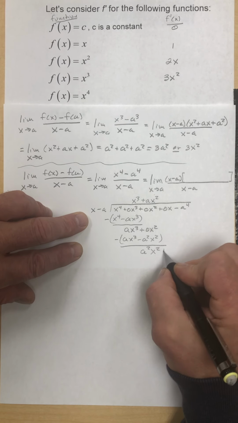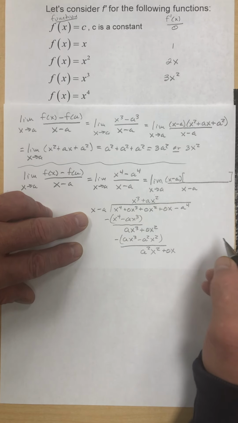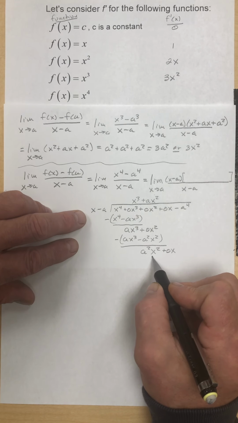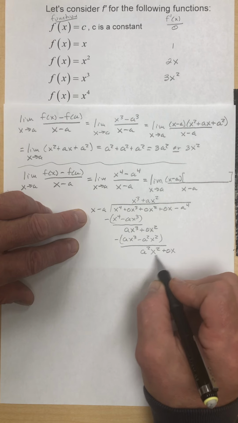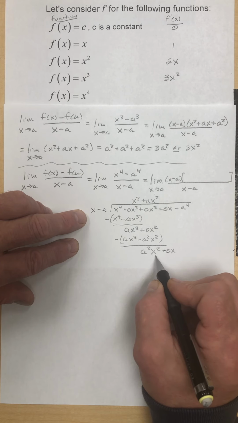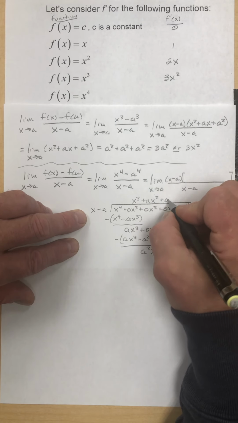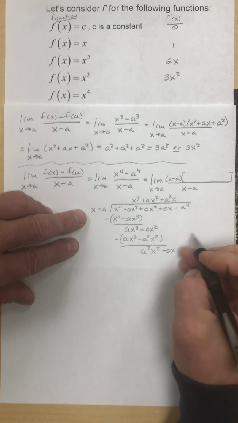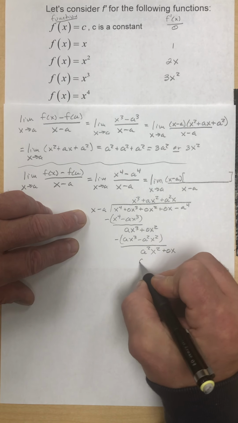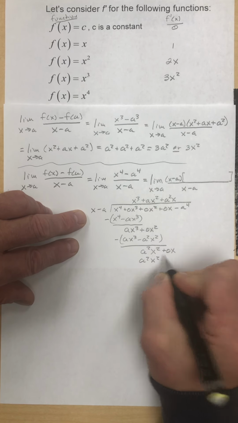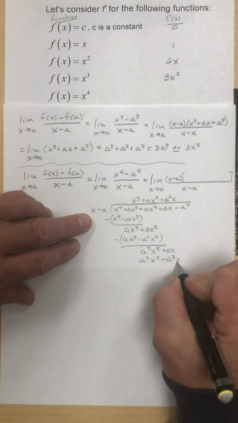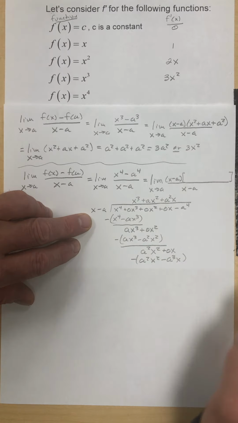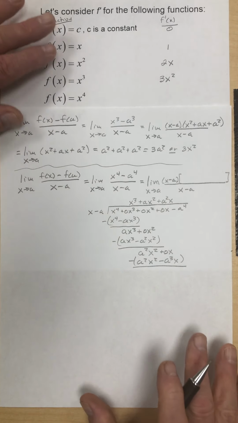Bring down the 0x. Okay, a squared x squared divided by x will give me a squared x. So I get a squared x. Multiply through, I'm going to get a squared x squared minus a cubed x. And then we subtract. Okay, let me move this guy up.